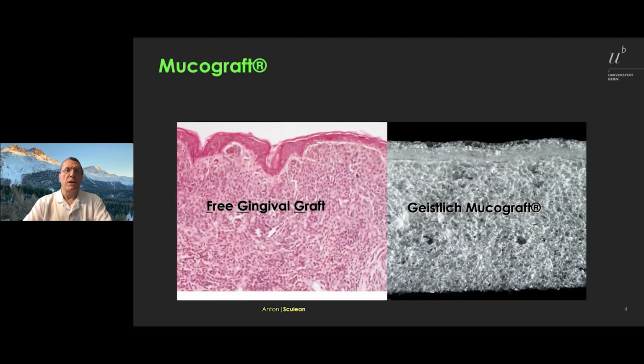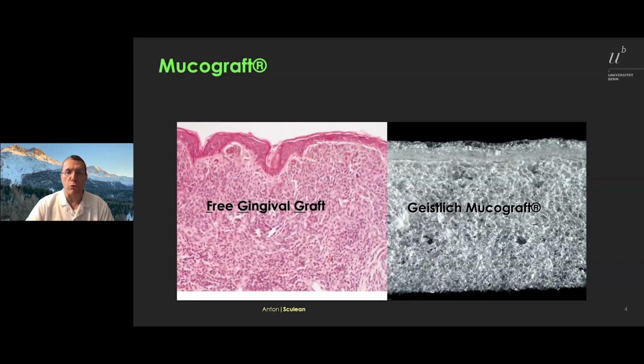So let me start with the first biomaterial that we have worked on since many years. Basically, we started our first investigation in 2009, so many years ago. And this material is a three-dimensional matrix that was, in fact, developed to mimic a free gingival graft.